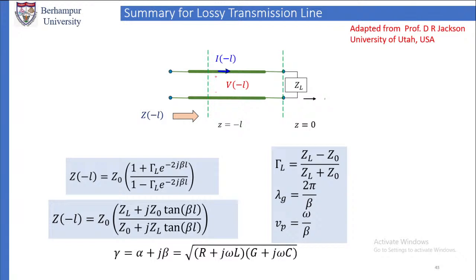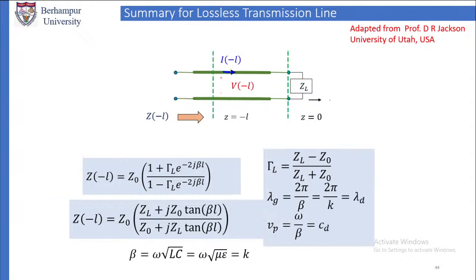Next point is the gamma. Gamma is equal to alpha plus j beta. Now alpha is equal to 0. If you take alpha is equal to 0, then what is beta? Beta is equal to omega root over LC, that also is equal to omega root over mu epsilon, because I have already shown you in the last class that root over LC is equal to root over mu epsilon.